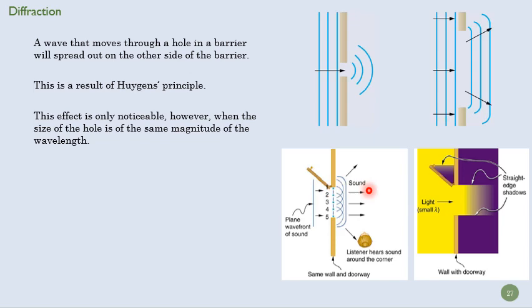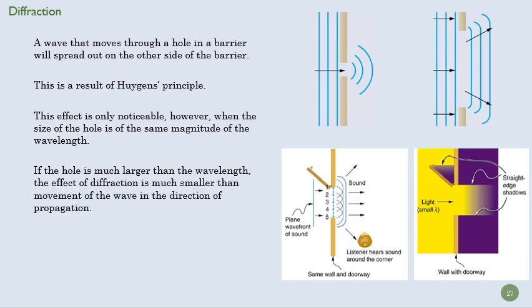The sound doesn't just go through here in a straight line, but instead it turns around the corner and the person over here can hear somebody who's talking. So that hole in the wall is closer to the wavelength of sound, and so diffraction there is noticeable.